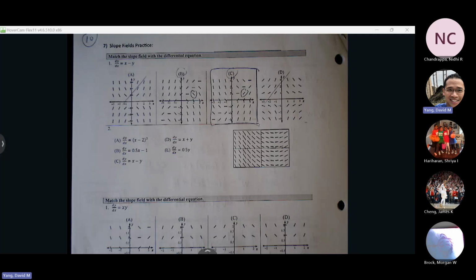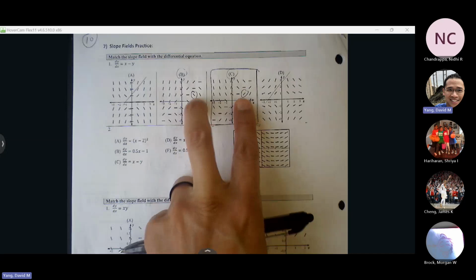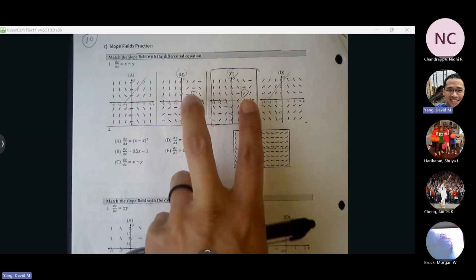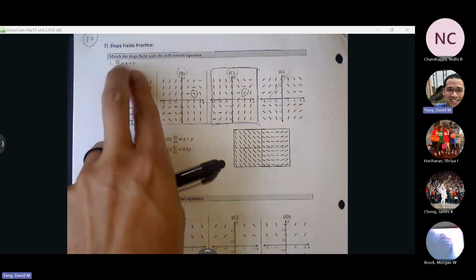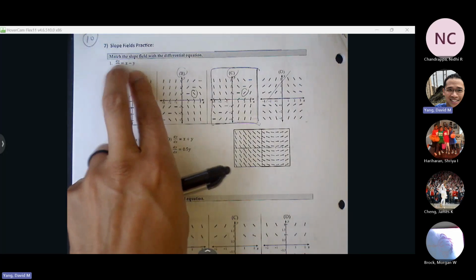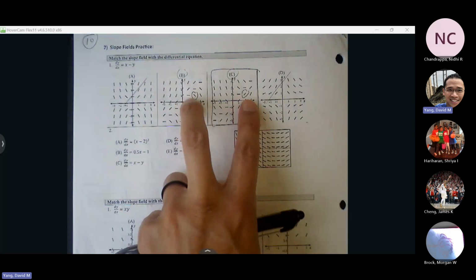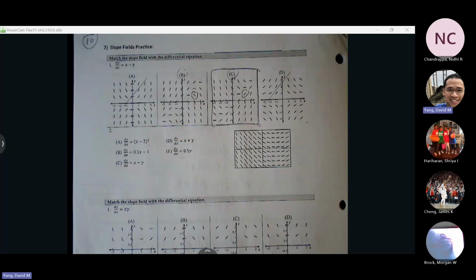So sometimes, if you're able to get it down to two options, look for specific ordered pairs that are distinctly different, then plug into the differential equation and see which one produces the slope that you want.